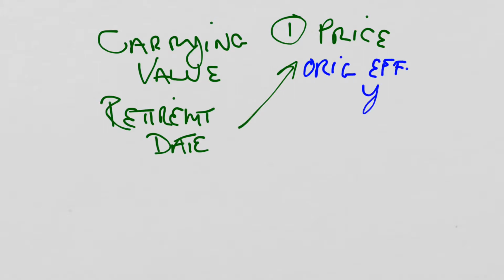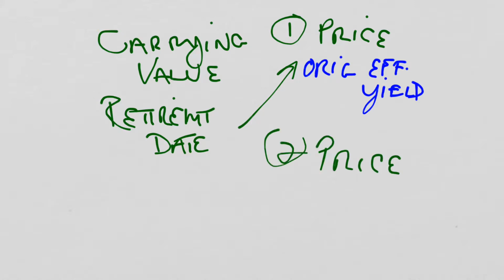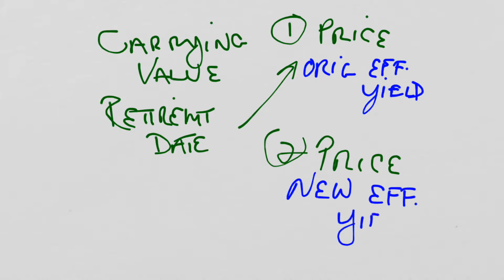That should give you what it would have amortized to. That's, in theory, what should happen. And then the second thing you would do is figure out the price based on a new effective yield at the date of retirement. So that's the shortcut method, which I think should also work.